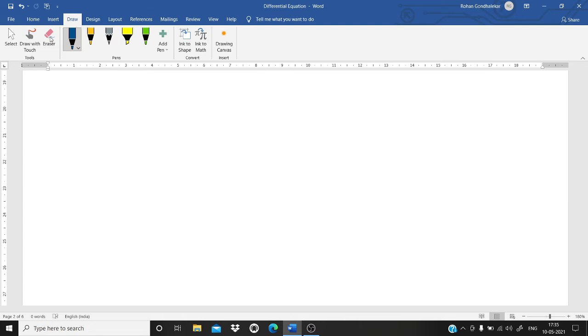Write down: solve x into square root of x square plus y square minus y, dx, plus y into square root of x square plus y square minus x, into dy is equal to 0.